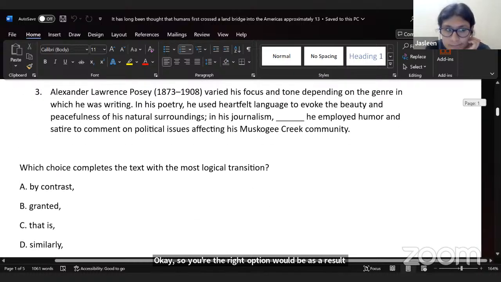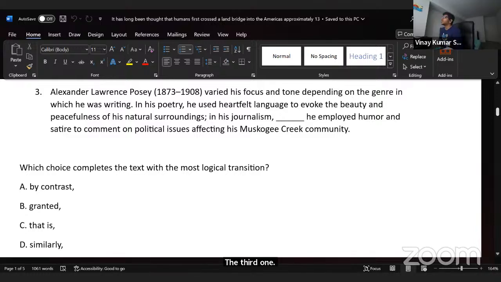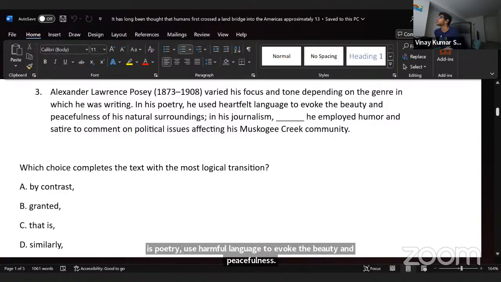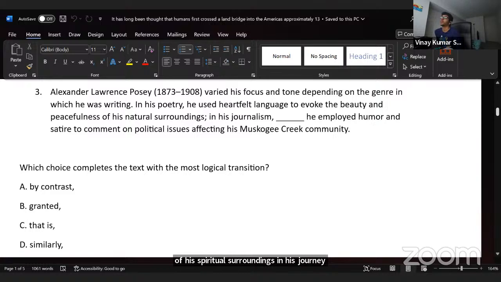The third one. Alexander Lawrence Posey, 1873 to 1908, varied his focus and tone depending on the genre in which he was writing. In his poetry, he used heartfelt language to evoke the beauty and peacefulness of his natural surroundings. In his journalism, Posey employed humor and satire to comment on political issues affecting his Muscogee Creek community.